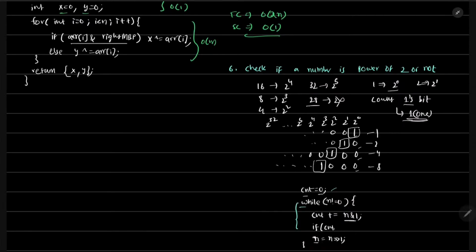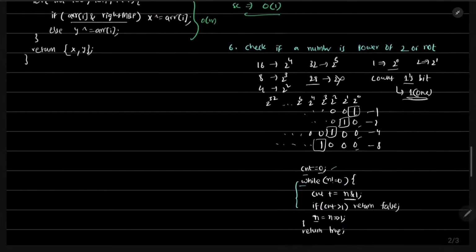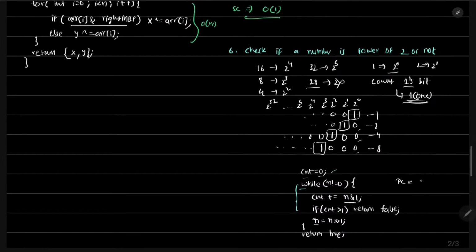If count is greater than 1, return false. At last you return true, right? That's how it works. So the time complexity will be O of 1. Sorry, it will be O of log n. Space complexity will be big O of 1.